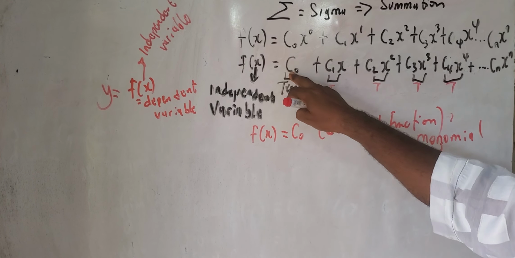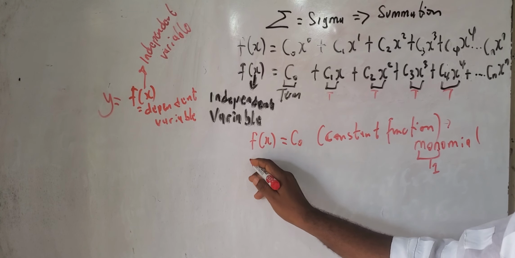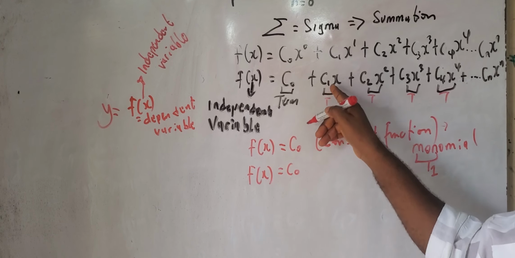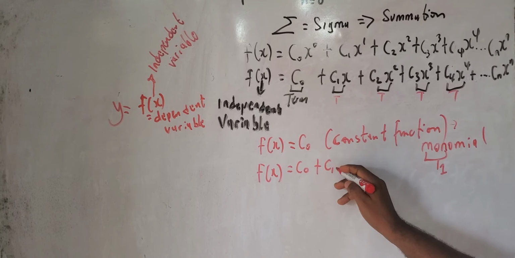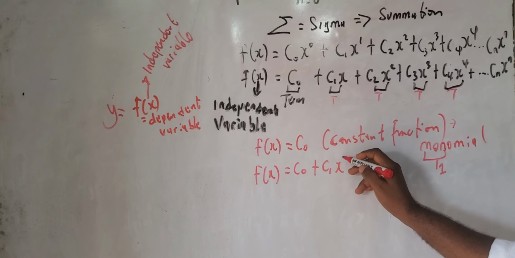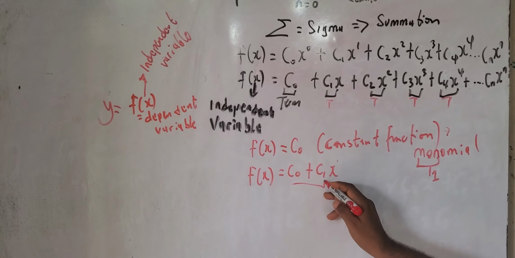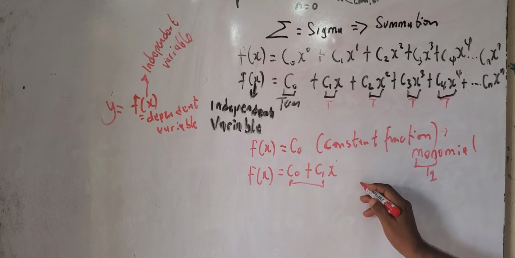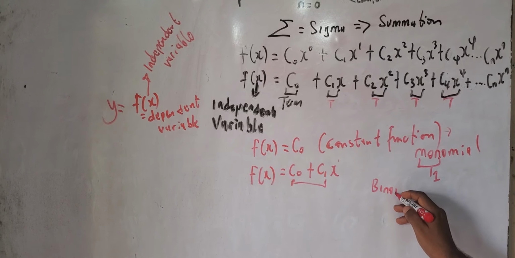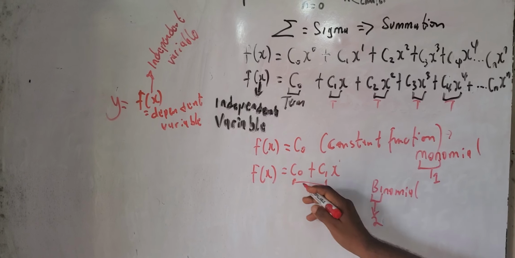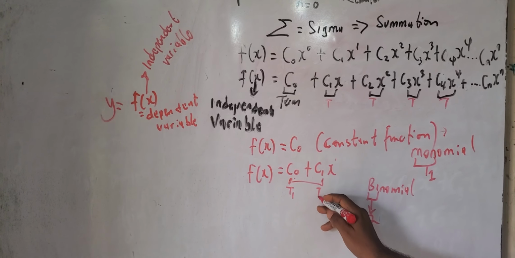Now, if I pick this and this, I'm having two terms. If my f of x, I'm picking this constant term, then I pick this one, plus c1x. The highest power of this variable is 1. And then because I'm having two terms here, this is known as binomial. In science, bi means 2. So that means this one has two terms, t1 and t2.